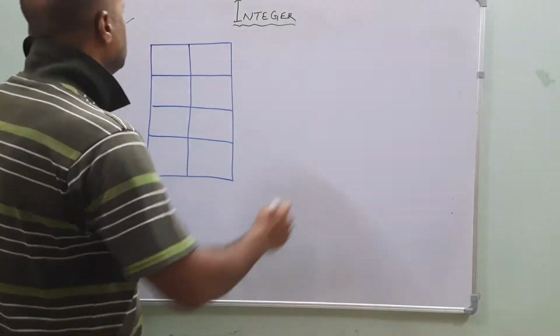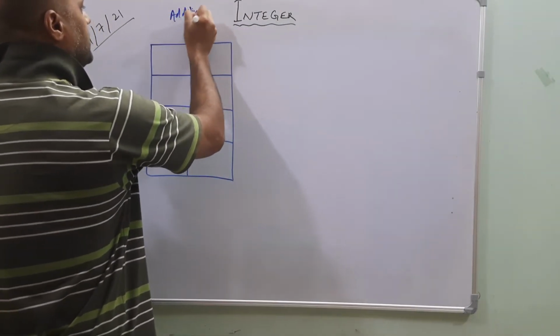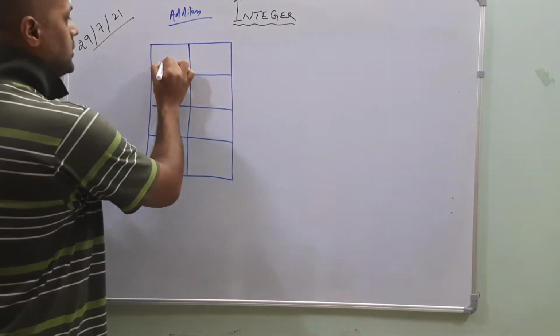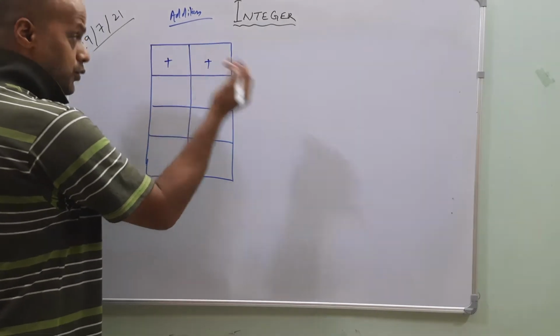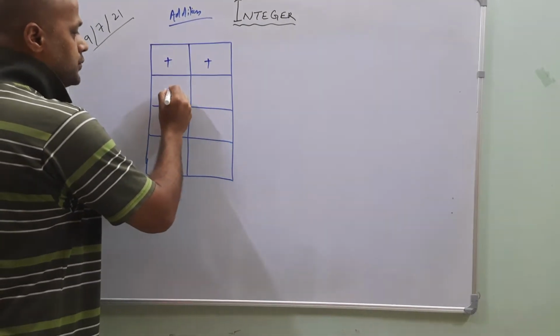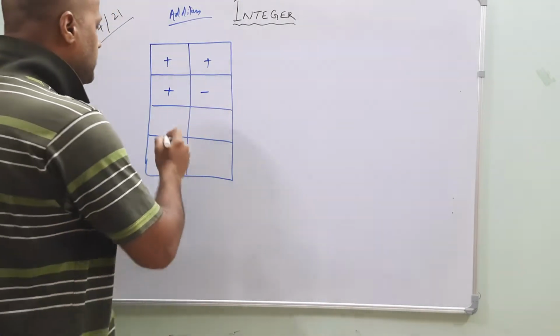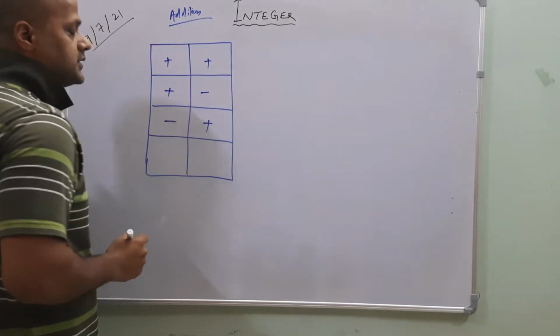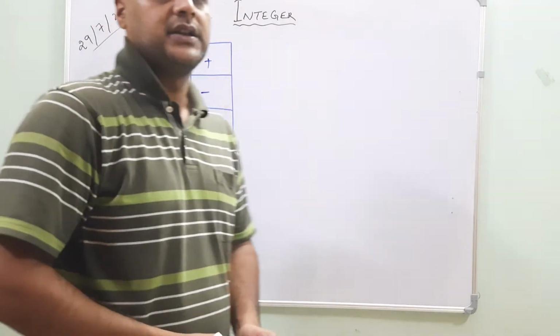Now in case of addition, if two integers have a plus sign, what will happen? If out of two integers one is plus and another is minus, what will happen? And when minus is there, what will happen?